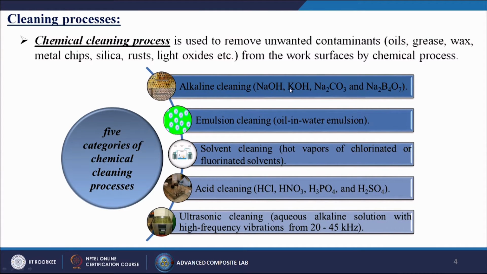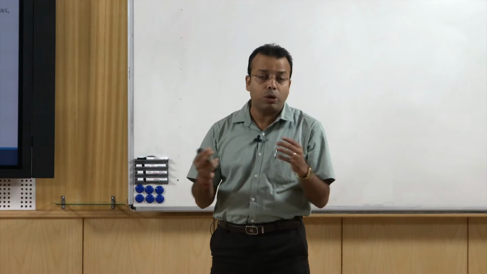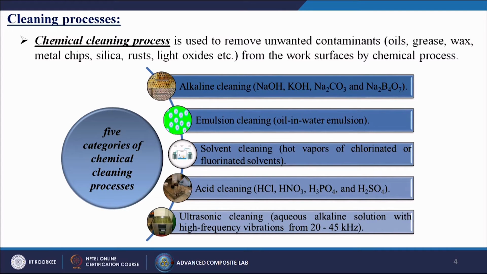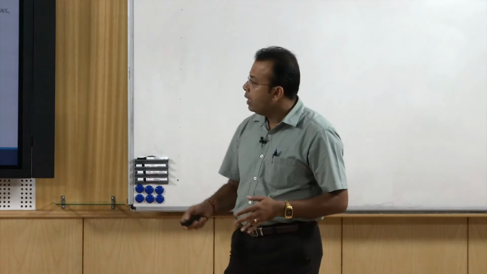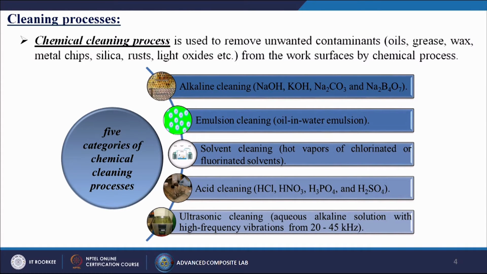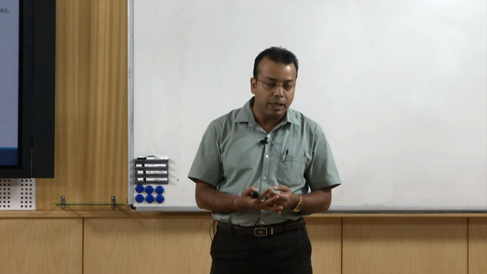The first one is called alkaline cleaning. We put the material into alkaline solutions so that there is a reaction with the base materials. Due to the chemical reaction between the base solution and the substrate, the surface of the substrate will be modified. Next, emulsion cleaning. We can dip the material into an oil and water medium so that the outer surface can be cleaned.